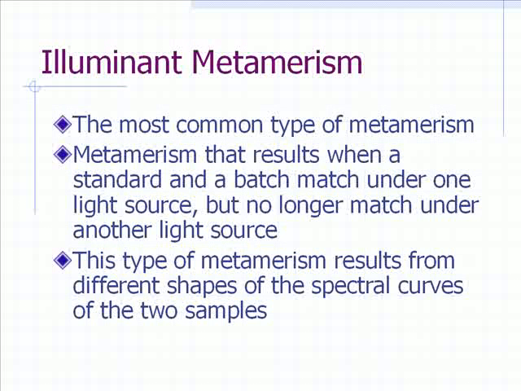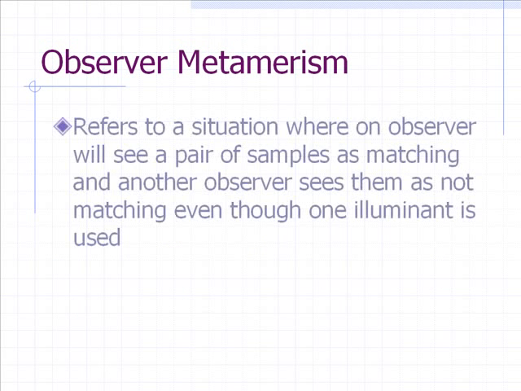Now the question is, is that metamerism enough to cause you a problem, or is it close enough where it really doesn't matter? And that really has to be determined by the customer and what the application is. If you're making a product that only goes outside, then you really don't care about artificial light and fluorescent light. You only care about daylight.